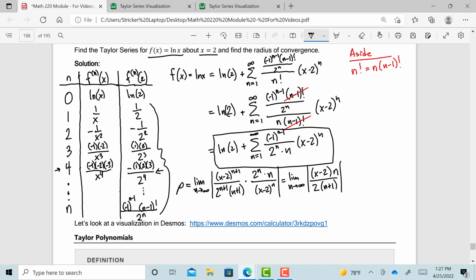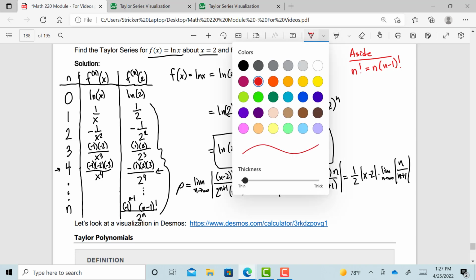And I would say we could go ahead and pull out the x minus 2 and pull out the 1 over 2, right? Because we have a 2 in the denominator. So we have basically 1/2 times the absolute value of x minus 2 times the limit of n over n plus 1. And of course we know that that limit approaches what?